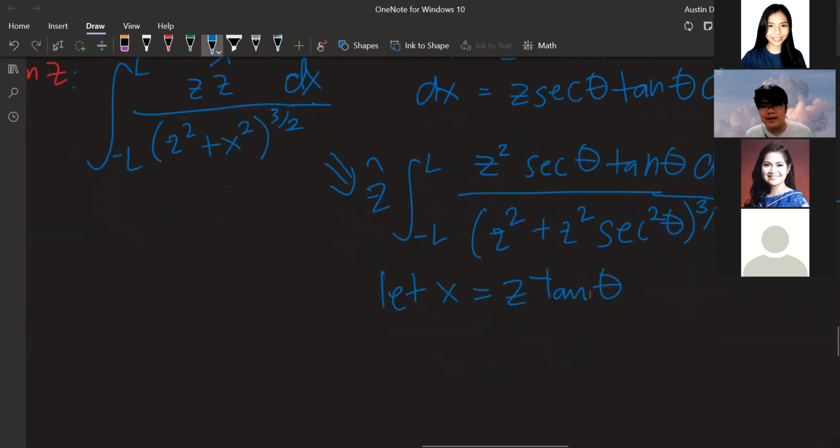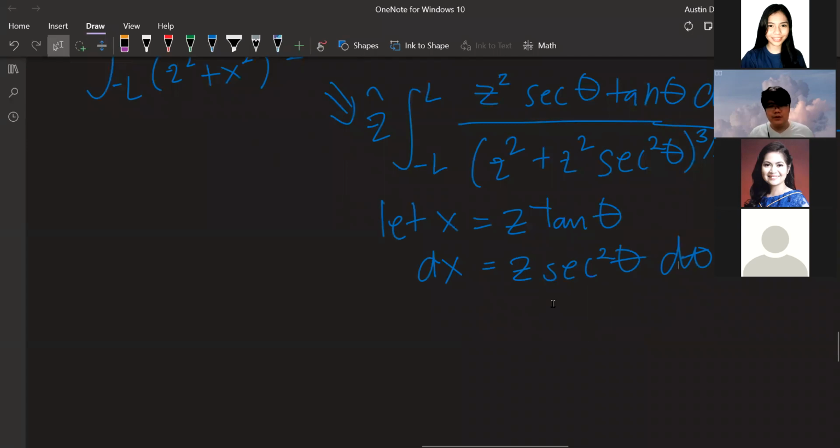Ang galing, di ba? So, if all else fails, mag-trig sub talaga kayo. Derivative ng tangent theta is secant squared theta. Tama ba? Check natin sa internet. Secant squared niya. Okay, mukhang mas madali nga to.